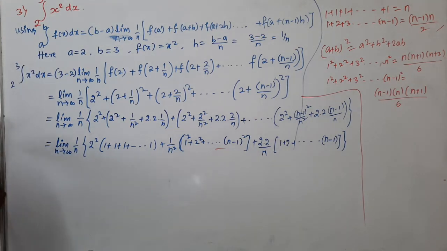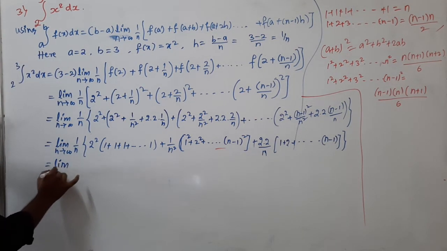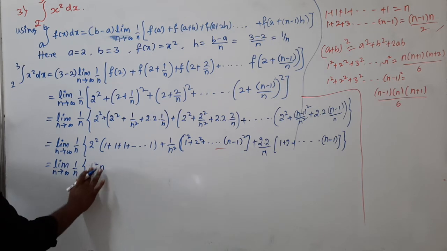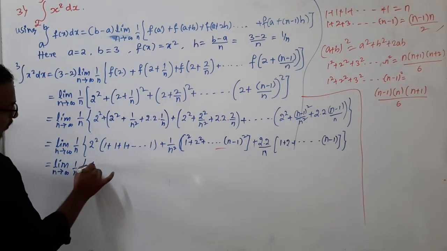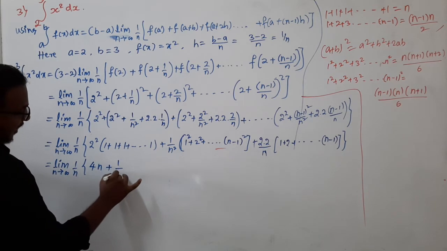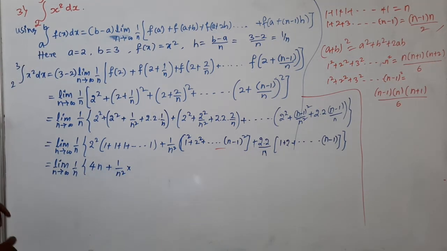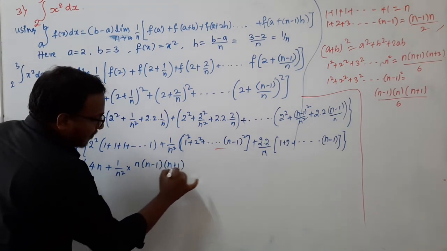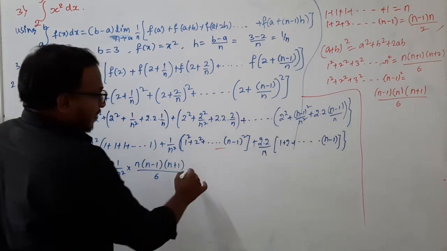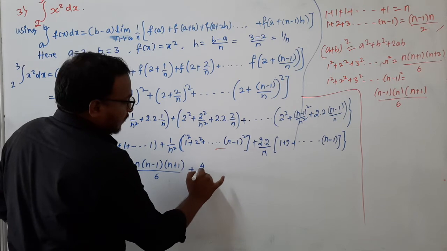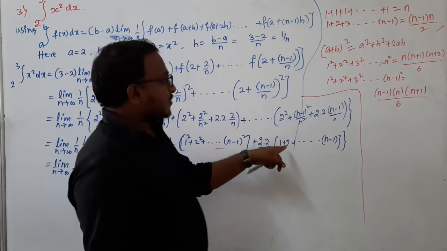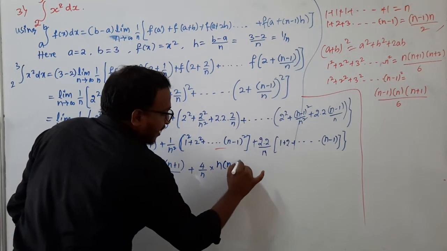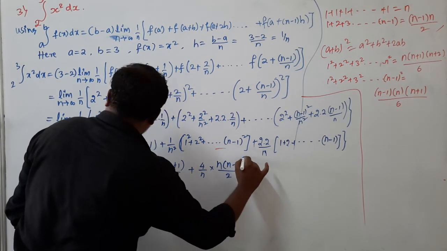Now substitute those values, it will become limit n tends to infinity 1 by n, 2 square into n, that is 4n, plus 1 by n square into n into n minus 1 into n plus 1 divided by 6, plus 2 into 2, that is 4 by n, into n into n minus 1 divided by 2.